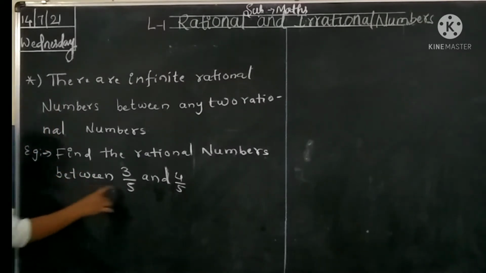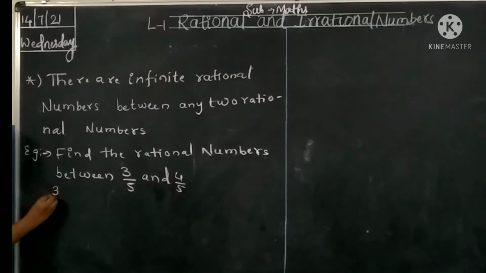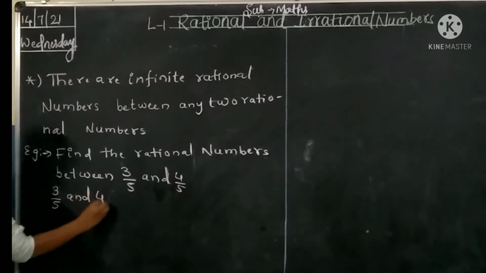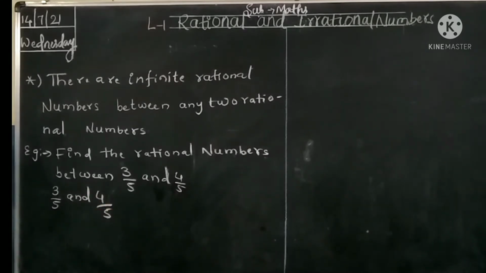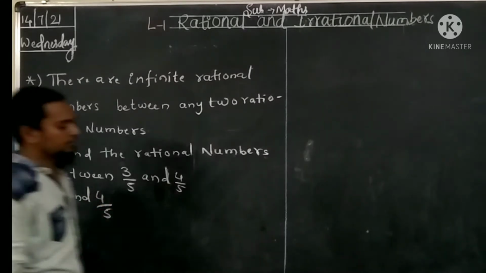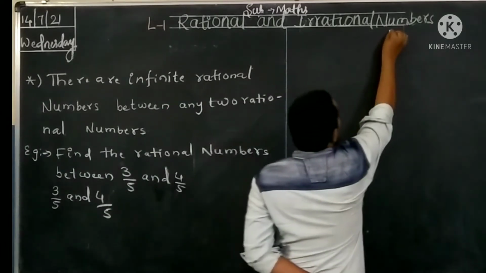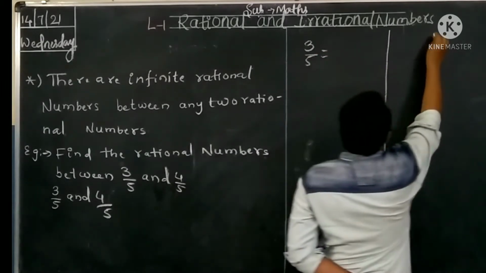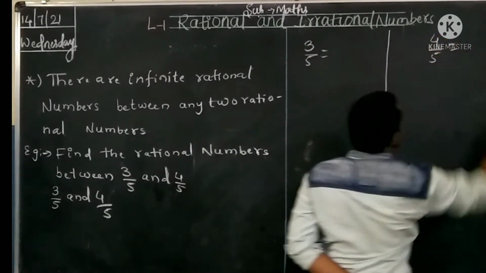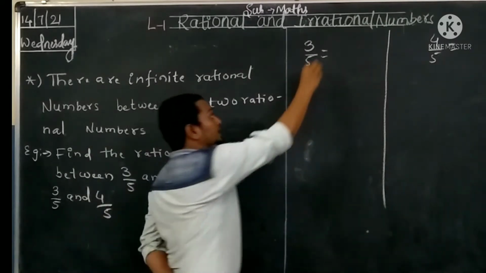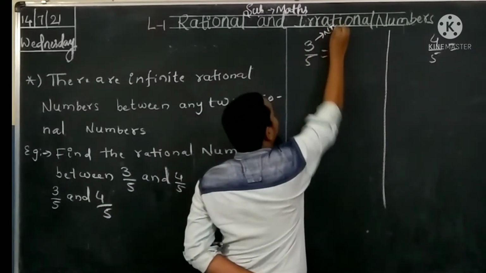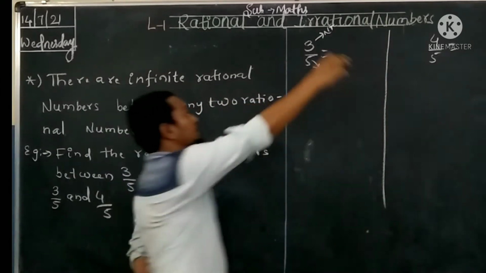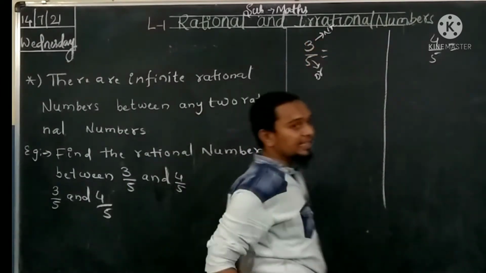Now we will solve this example: 3 upon 5 and 4 upon 5. First of all, we will take 3 upon 5 on one side and 4 upon 5 on the other side. In 3 upon 5, 3 is the numerator and 5 is the denominator.